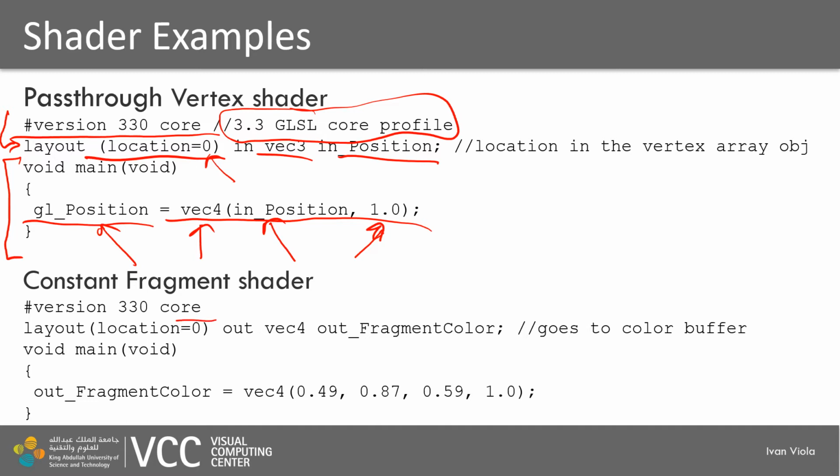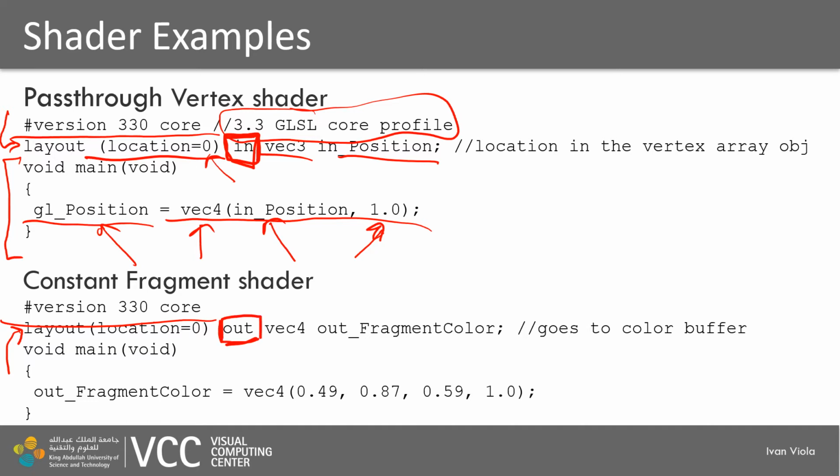We also define the version of our shader, and afterwards we again have some variables defined. Here we can see this is the outgoing variable. You might see that in the previous vertex shader we had an input variable, but here we are defining an output variable.